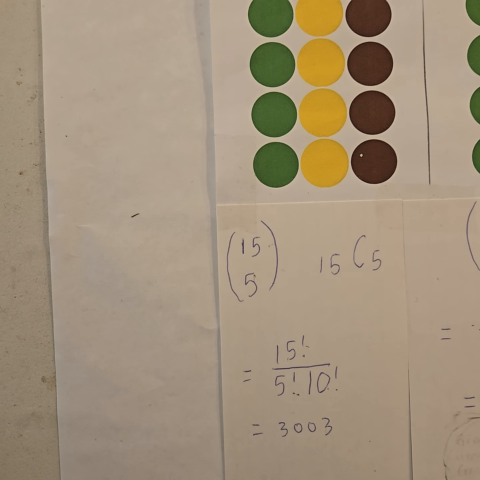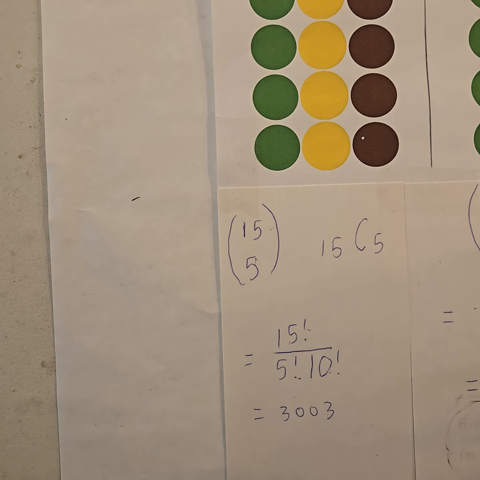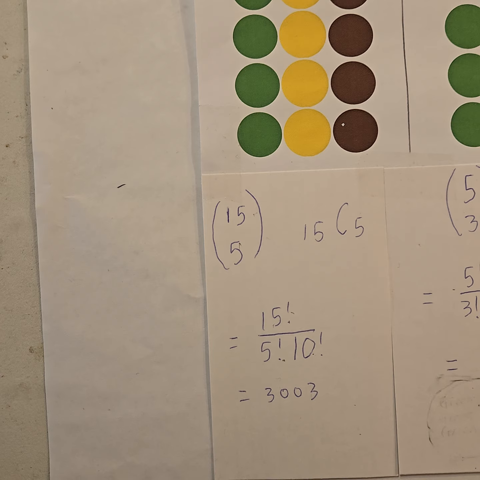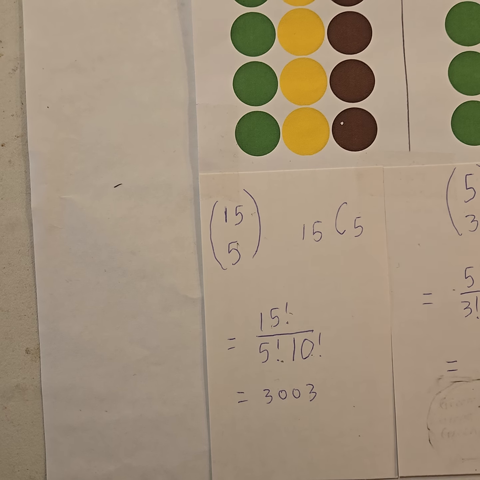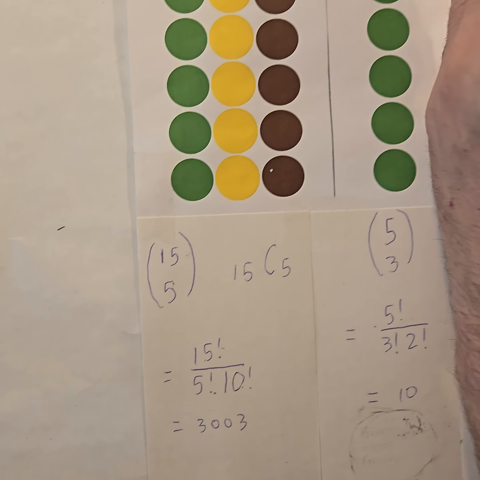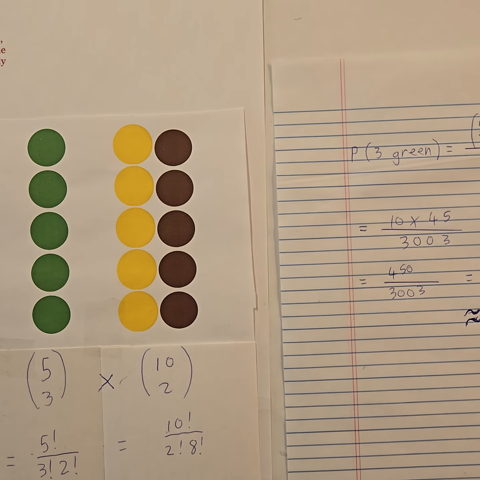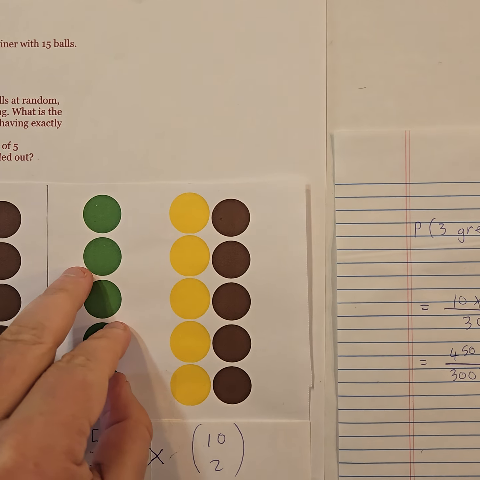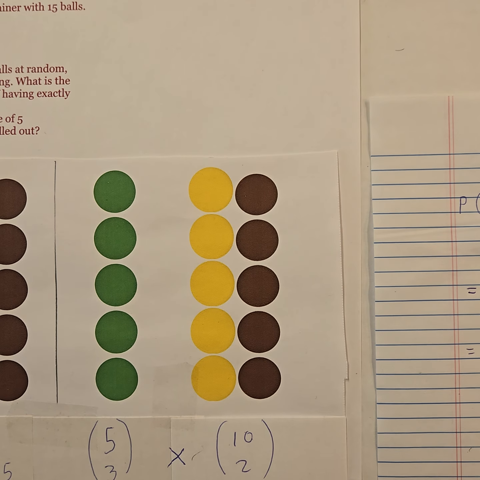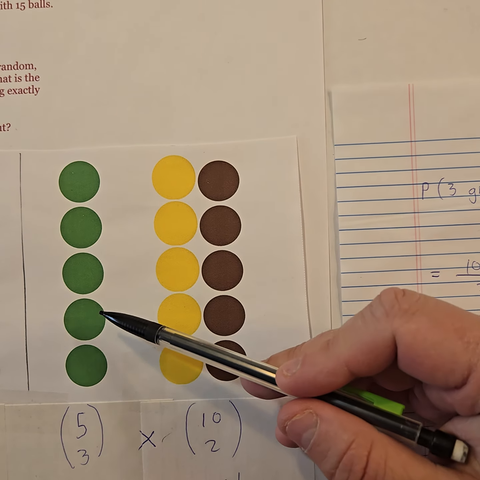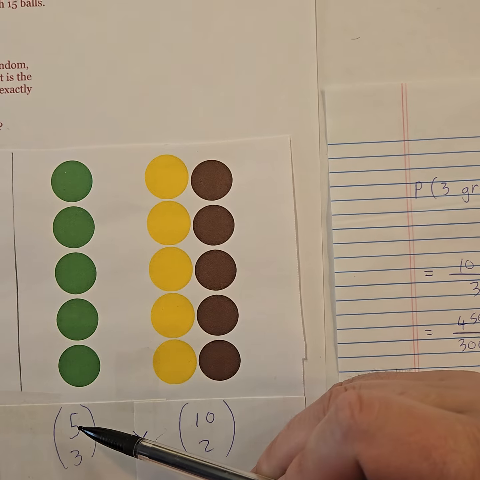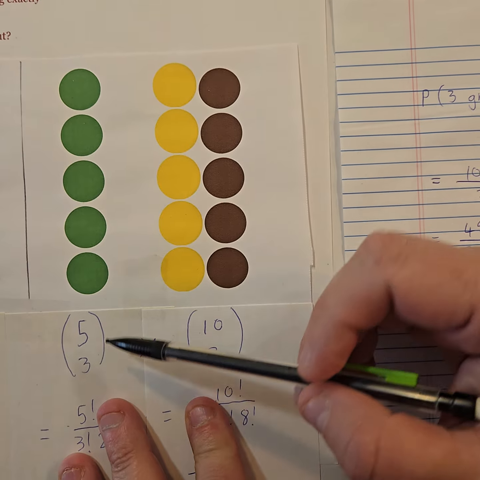All right. Now, how many ways of our criteria of getting 3 green balls? So what I've done in this container, I've separated the green from the other ones. If I'm going to get 3 green balls, 3 will be from here and 2 will be from there. The number of ways of getting 3 from 5 is 5 choose 3.